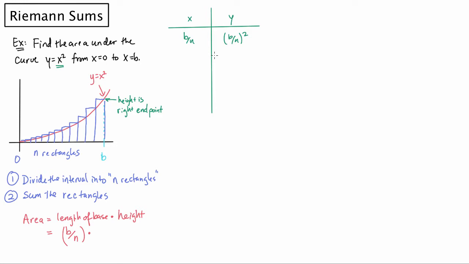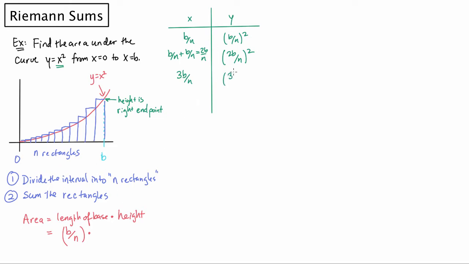All right, I've got to go another b over n, right? So I've got my first rectangle, and I'm going to add another rectangle. So I've got 2b over n as the right endpoint of the second rectangle, and the height associated with it is (2b over n) squared. If I have 3 rectangles in a row, then that's a length of 3b over n that I've got to go to get to the right endpoint of the third rectangle.